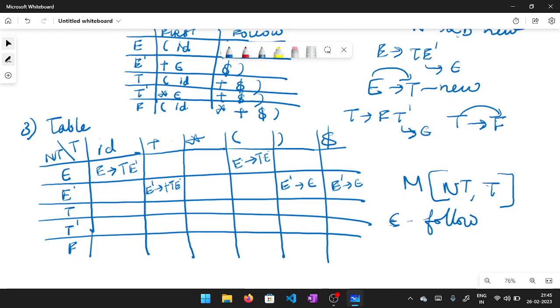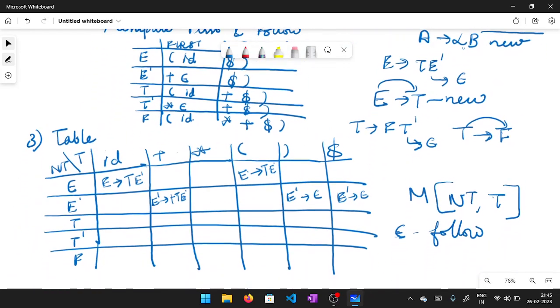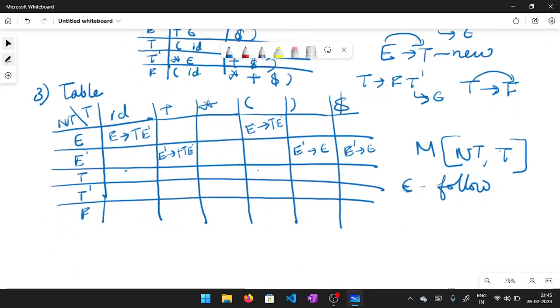Then T. Why did you get open bracket and ID in first of T? Because of T tends to F T dash. So in ID and open bracket, I should write T tends to F T dash.